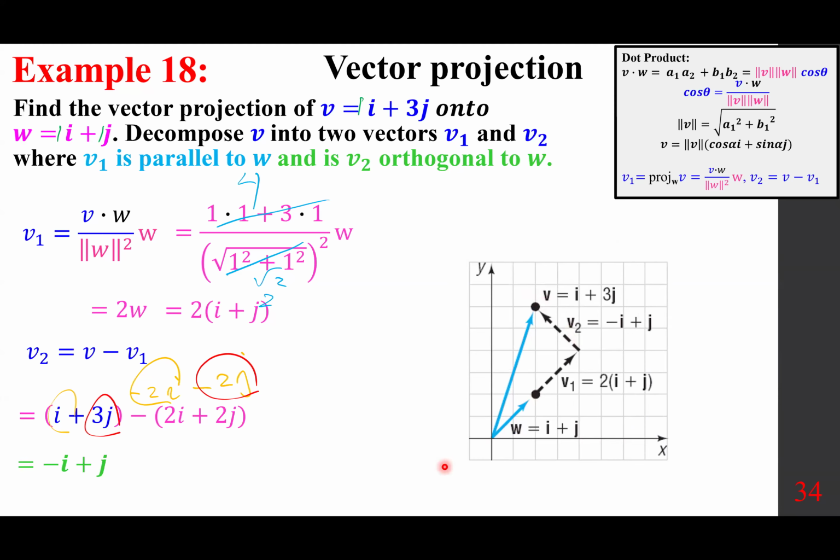You drop a perpendicular. If you extend this indefinitely, you drop a perpendicular. This becomes your V1. This becomes your V2. And because the sum is V, if you find one of them, you find the other one. And again, in short, when you go through this process, it should give you some number times the one that you're projecting it onto. Okay, that's how it works.